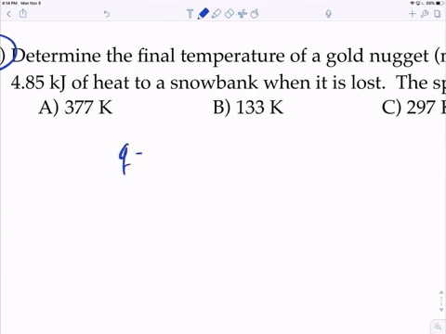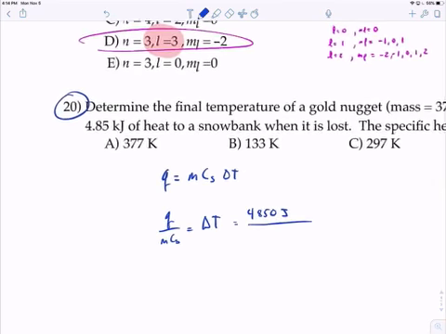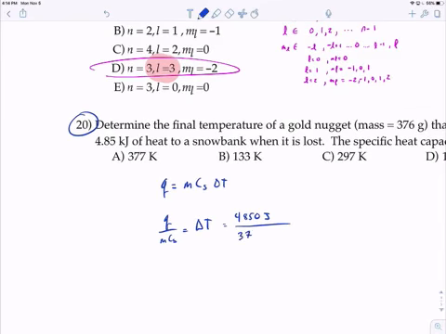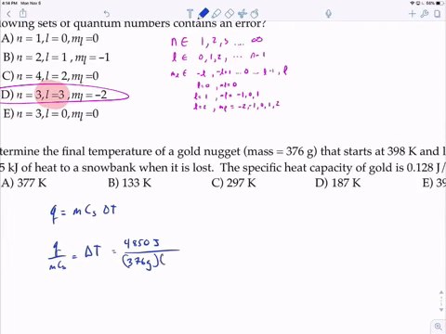So Q is mass times specific heat capacity times change in temperature, or you can see Q over m c_s is our delta T. Q is 8450 joules, mass is 376 grams, and specific heat is 0.128 joules per gram degree Celsius.